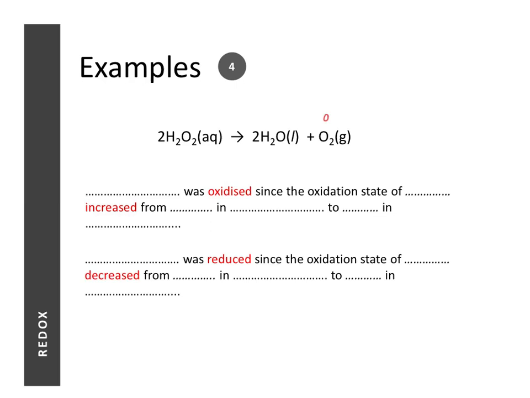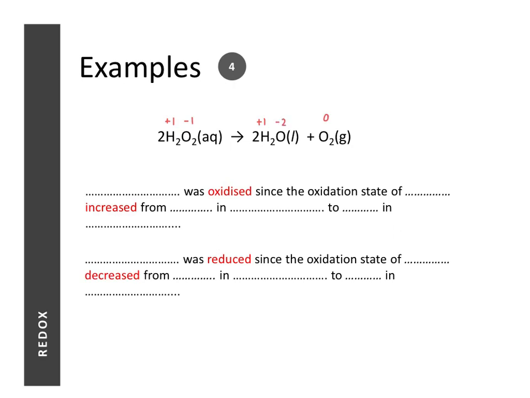Oxygen in hydrogen peroxide doesn't have its usual oxidation state of -2, but it has an oxidation state of -1. Hydrogen in hydrogen peroxide is still your usual oxidation state of +1. Then we look at water. In water, hydrogen when combined with any other element is always +1. Oxygen when combined with any other element is always -2.